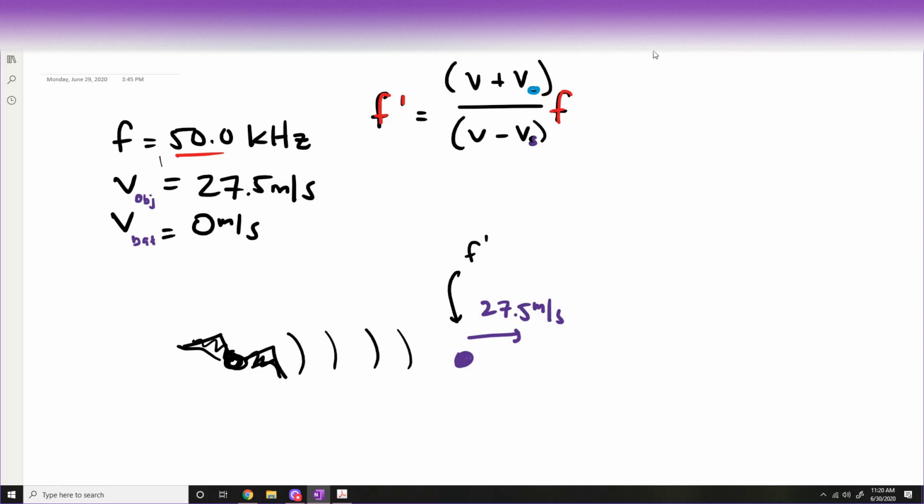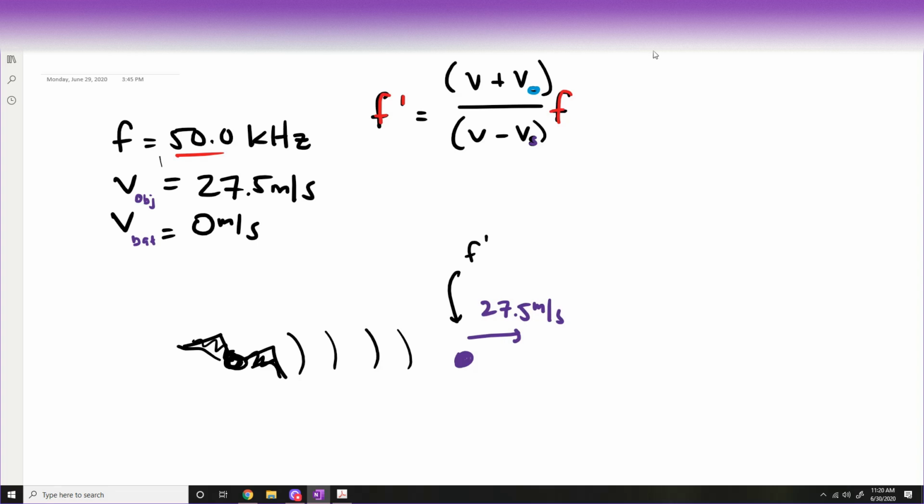This is called the Doppler effect. The Doppler effect is an apparent change in frequency when the source, which is the bat, and the observer, which is the object, have different velocities.